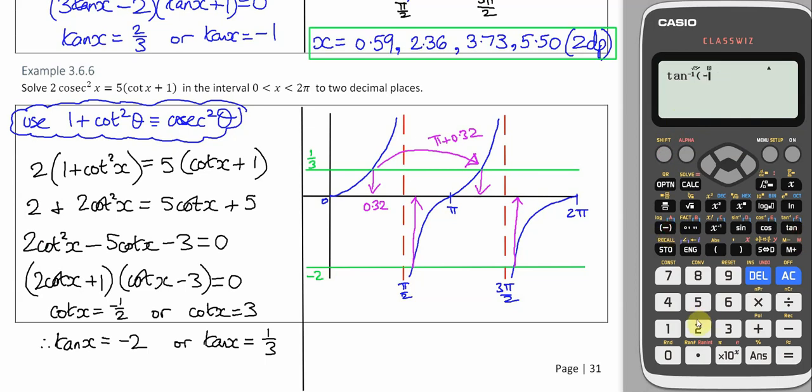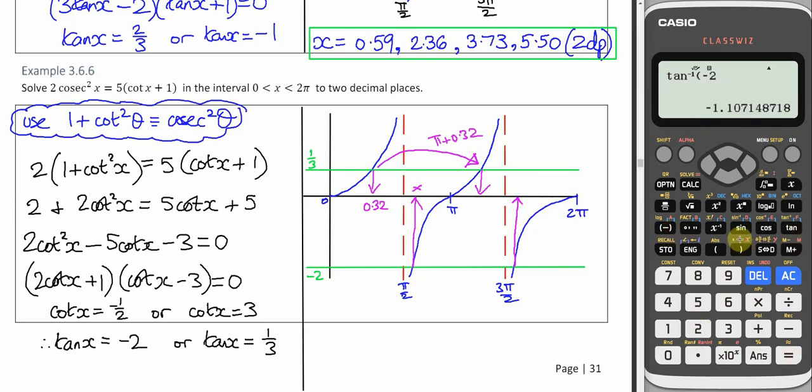So inverse tan of -2 is going to give us a negative answer. So that's not this. This is clearly not negative. So all it's done is it's given us the one beforehand. If I extend the graph into negative x values, then we'll get a solution around about here. So it's -1.10 blah blah blah.